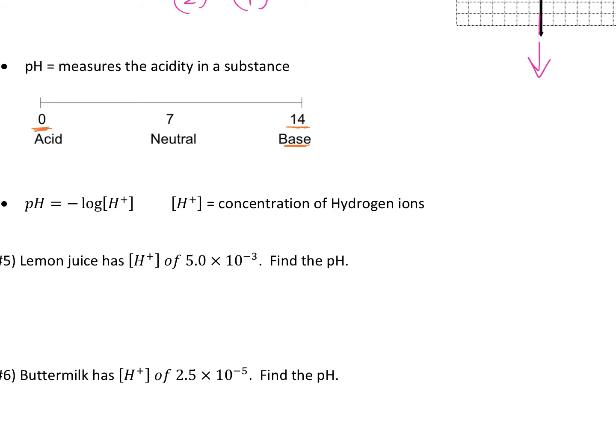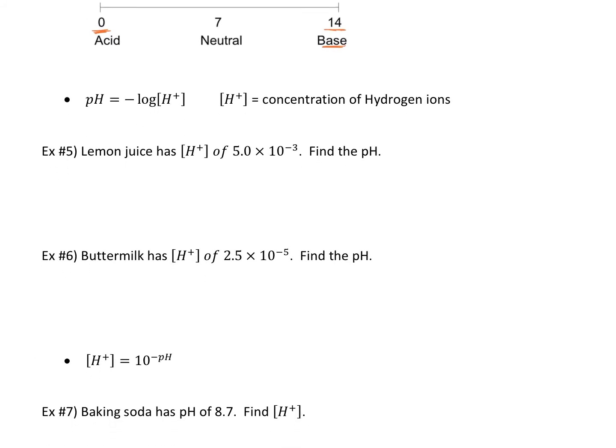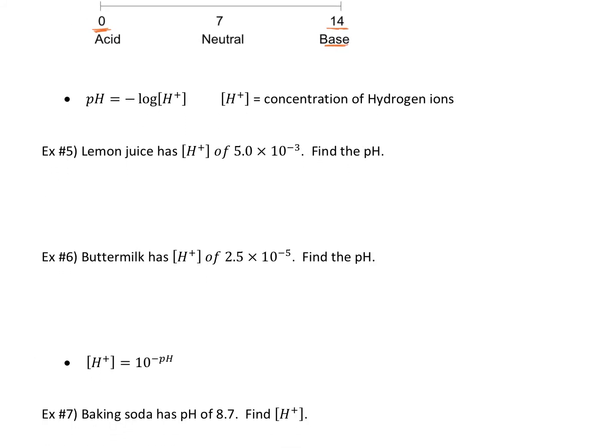So there's two formulas that we're going to talk about. The first is the pH formula, how you find it if we know what's called the concentration of hydrogen ions. So the pH formula is this. You take a negative log of the concentration of hydrogen ions. So this number will be given to you, and then you will literally plug it into your calculator to find the pH of some substance, okay?